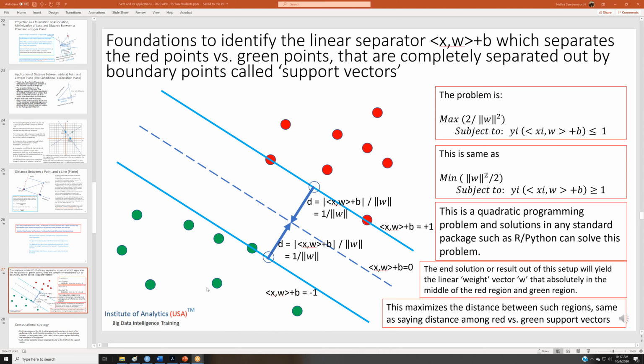The whole class is called the -1 class. This whole class is called the +1 class. I talked about that also. So this line has to satisfy -1, this line has to satisfy +1, first and foremost. Because of that, the equation Ax0 plus By0 becomes 1 here, and the denominator is basically the A, B, C value.